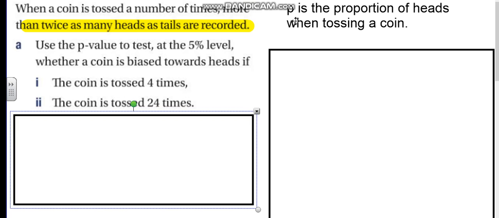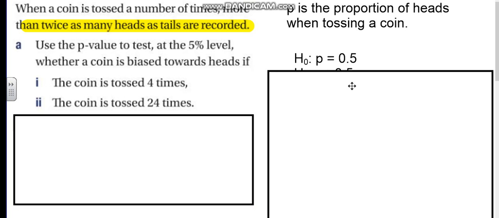Okay, so P is the proportion of heads when tossing a coin. Now that is not the p-value, that's P for proportion. Okay, and that's what our hypotheses are based on. So if the coin was fair, which is what we assume, remember the null hypothesis is what we assume to be true, we would assume the coin to be fair, then the null hypothesis would be that P is 0.5.